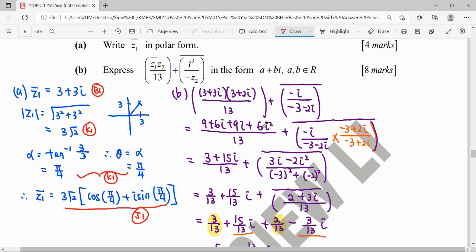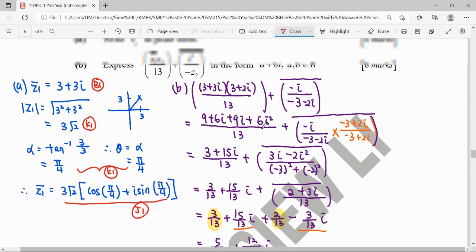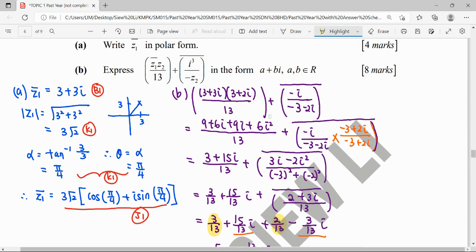So for question B, the first concept is how you're going to apply your multiplication, how you expand your complex number, and then the definition of i cubed being equal to negative i, so this is your basic. Then simplify this fraction, this division by 13, to get to the standard form first.